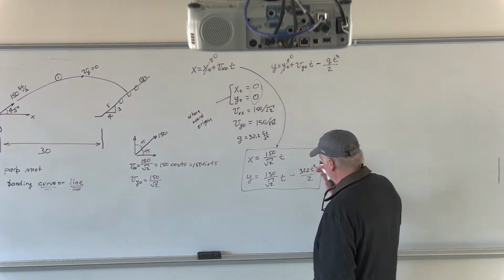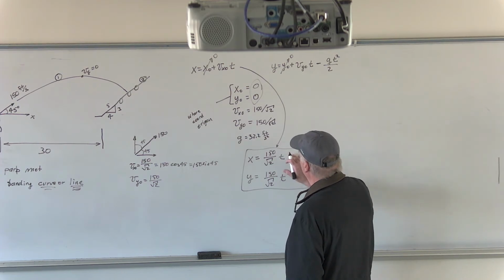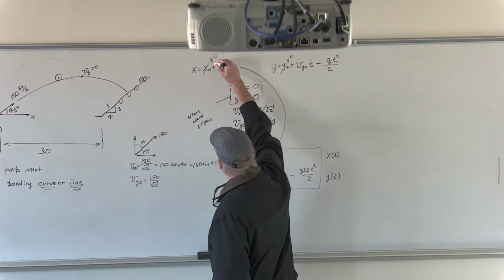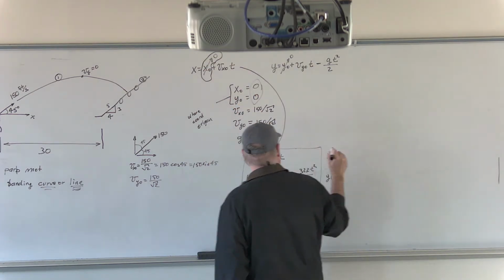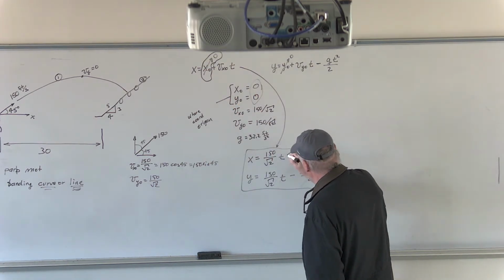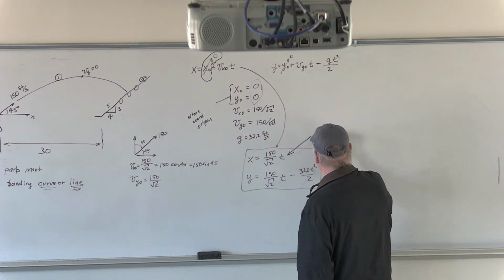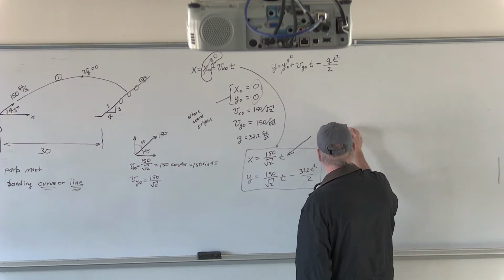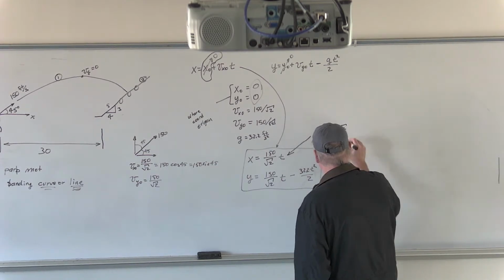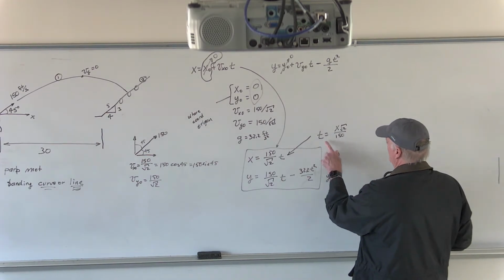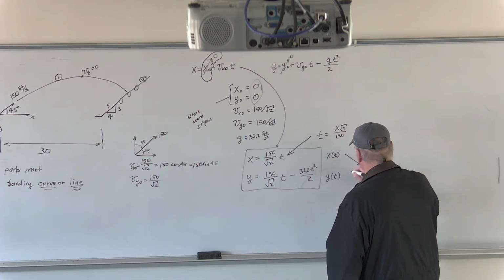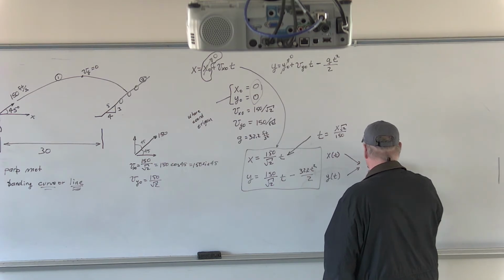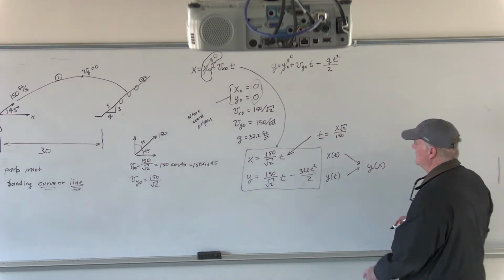But take a real close look here, since this is the case, this equation showed up like this, and now I've got t is equal to x square root of 2 over 150. So now I can remove this equation, combine these two, such that I get y as a function of x. And how do I do it?